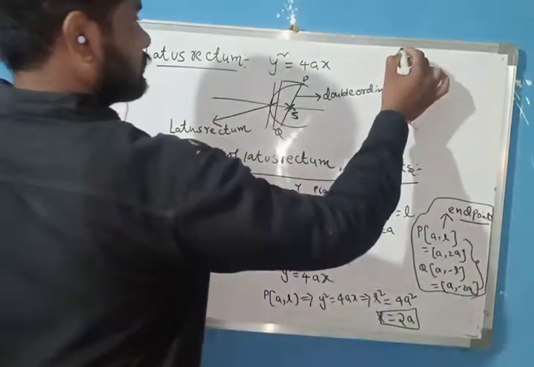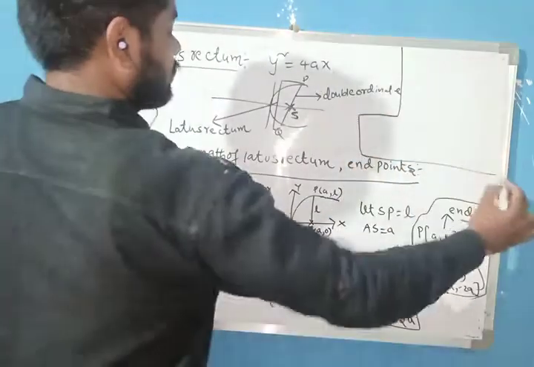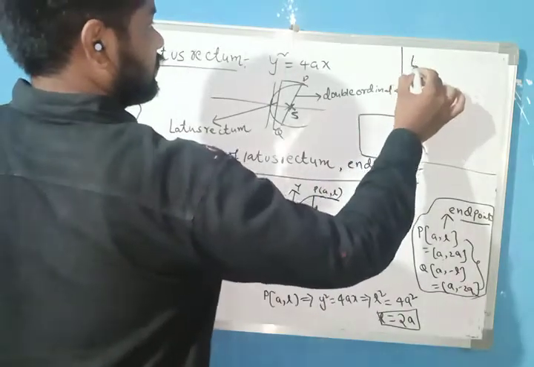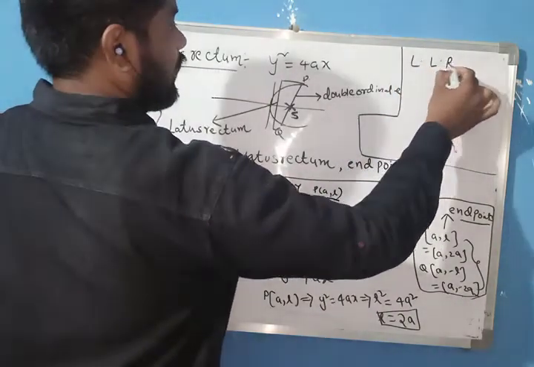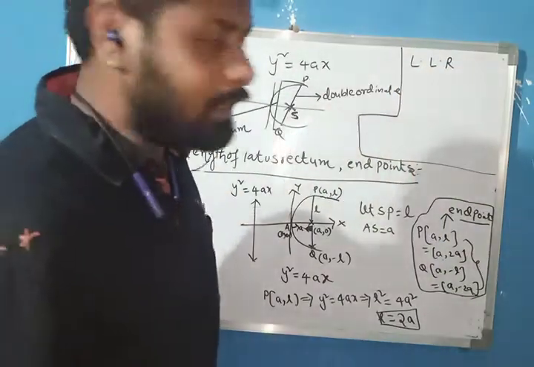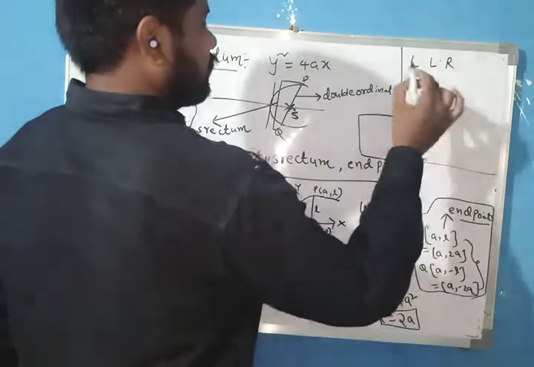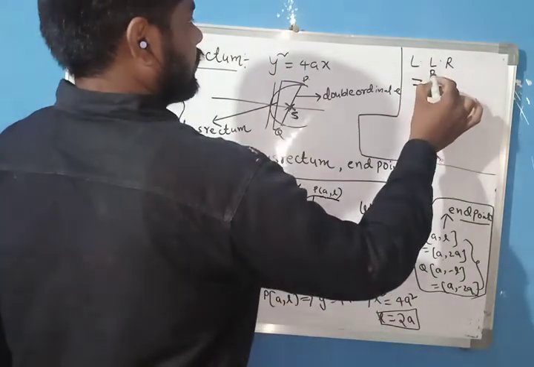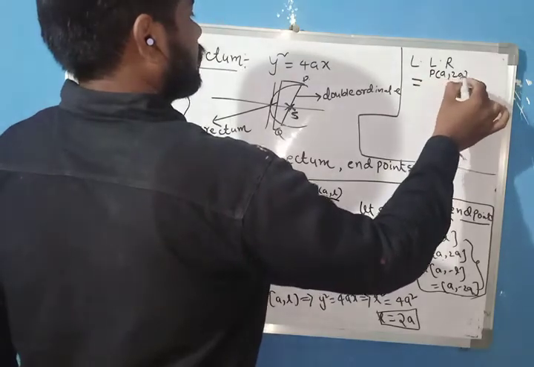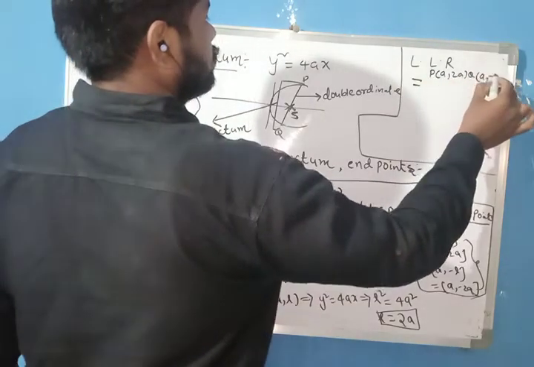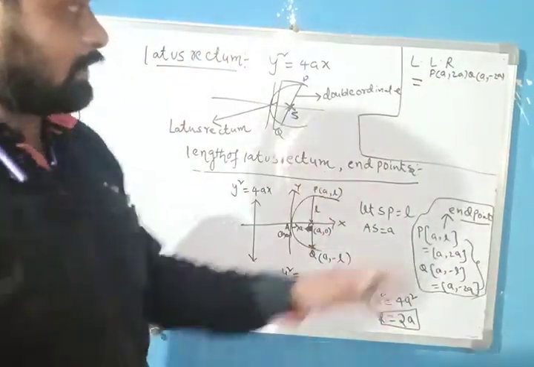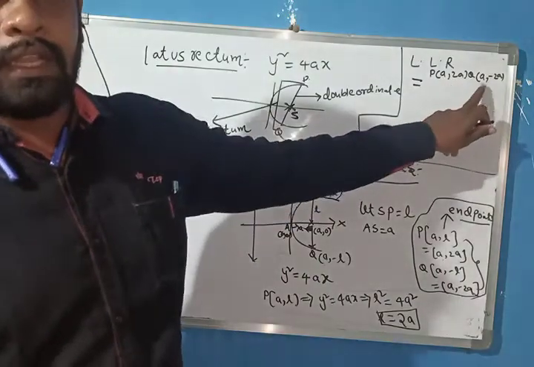Length of the latus rectum is denoted by LLR. LLR is nothing but the length of the latus rectum. I am taking the endpoints P a comma 2a and Q a comma minus 2a. These are nothing but the extremities of the latus rectum.